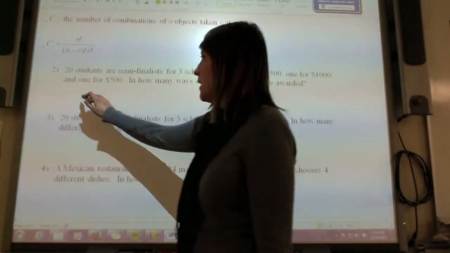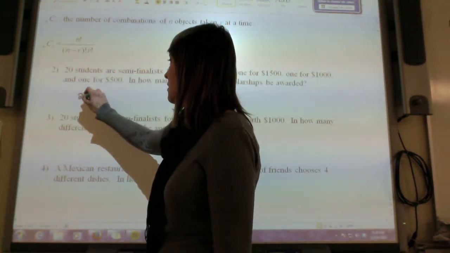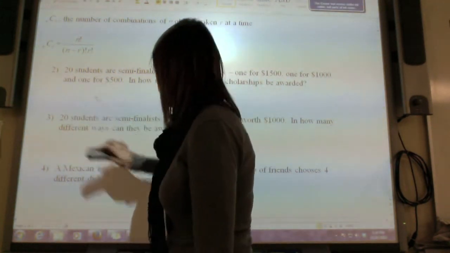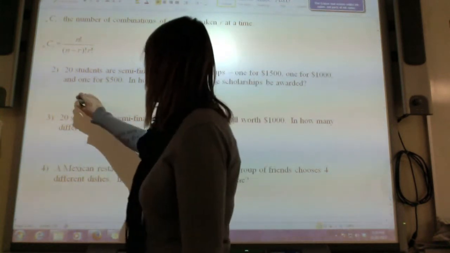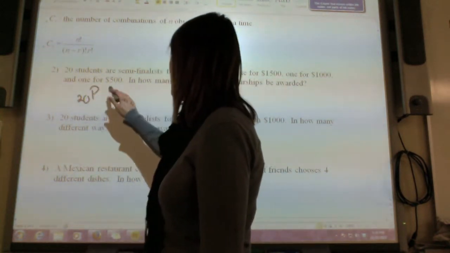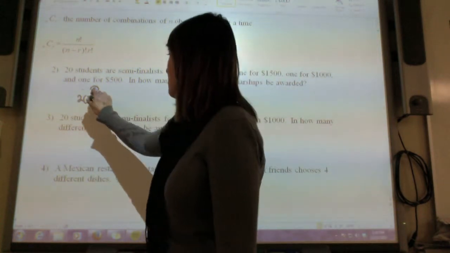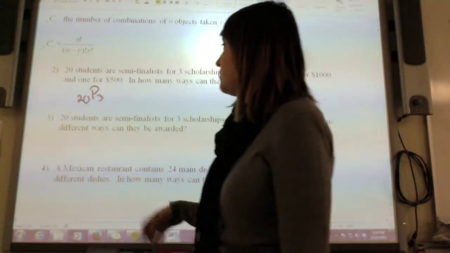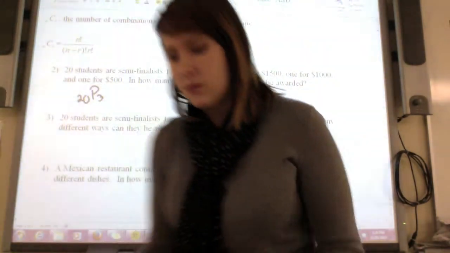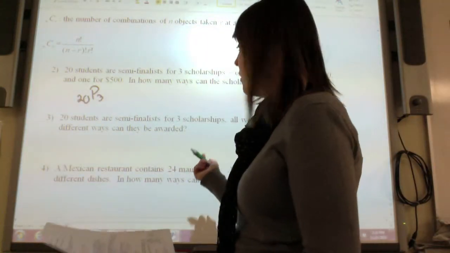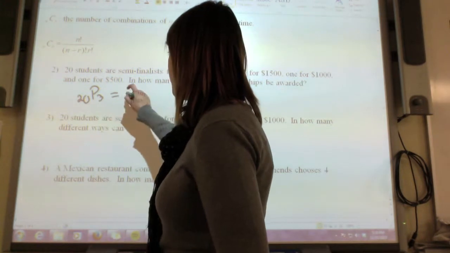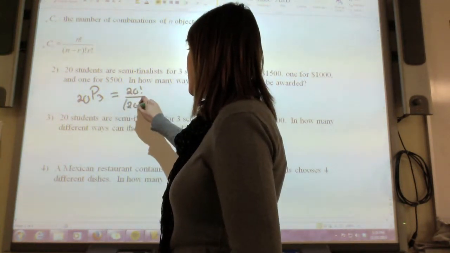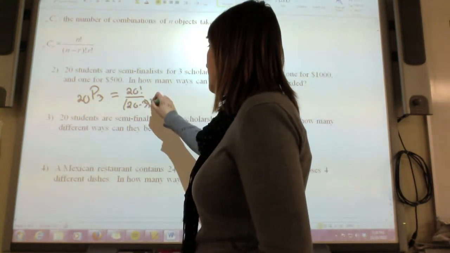So I'm permuting 3 from a pool of 20, so that's 20 permute 3. And if you plug that into your calculator, I'll just write it as the formula just so you guys can get familiar with the formulas again. That's 20 minus 3 factorial on the bottom.